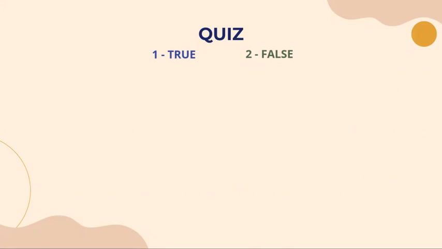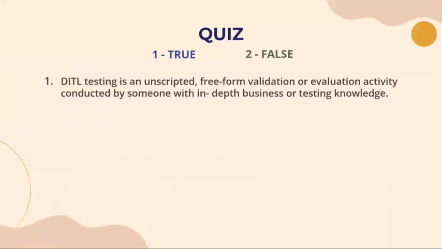Okay? So, let's start for number 1. DIPL testing is an unscripted, free-form validation or evaluation activity conducted by someone with in-depth business or testing knowledge. Answer must be 1 or 2. 1 if true and 2 if false.